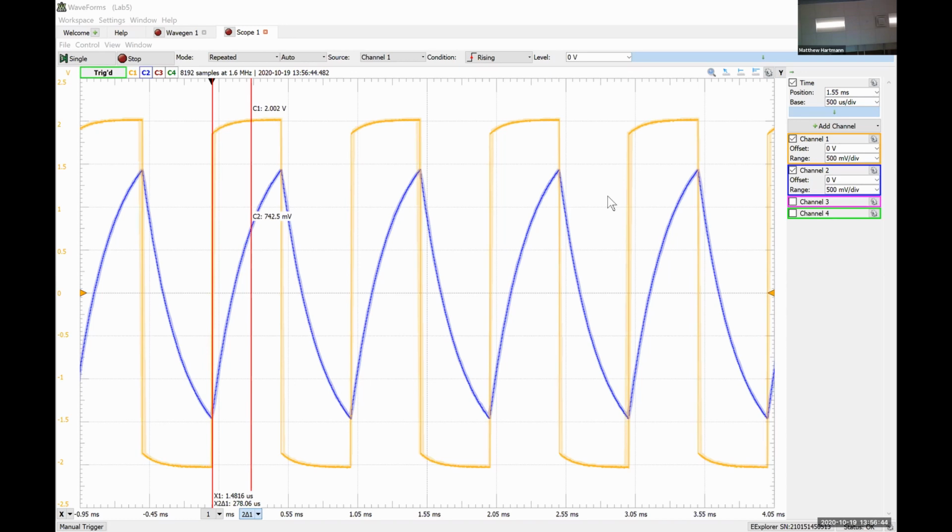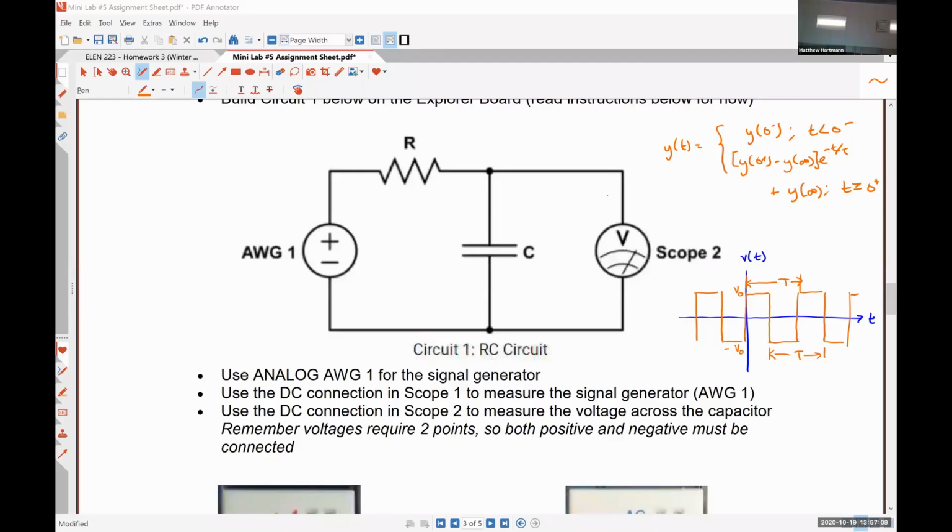All right, so for the frequency of 1 kilohertz, what is the period? Time and period are inversely related. Let's go back to this graph.